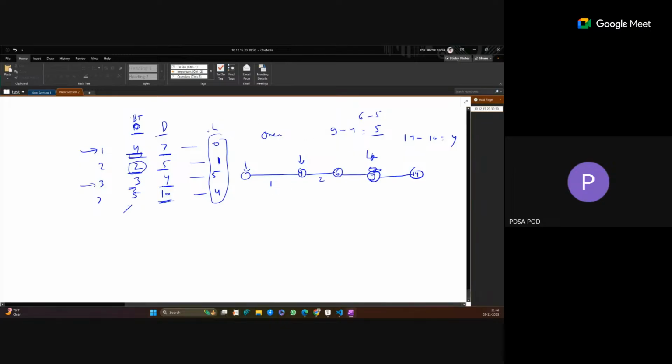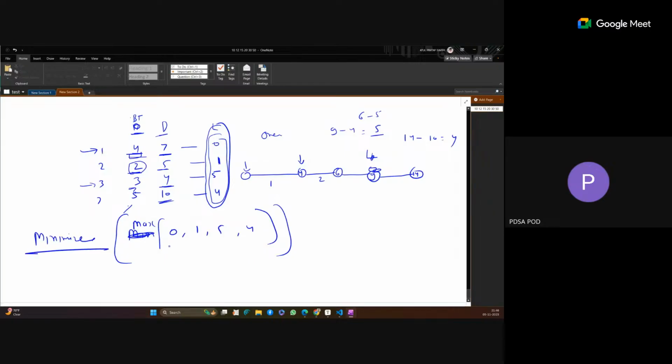So this is the lateness for each job. Now our task here is to minimize these lateness values. Minimize means the max of each lateness. So this is 0, 1, then 5, then 4. What is the max value of this? We want to minimize this. Here the maximum is 5.